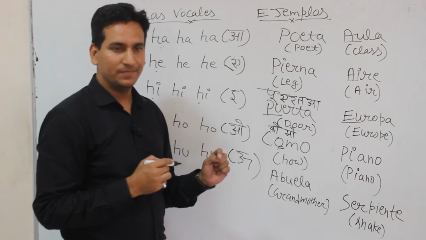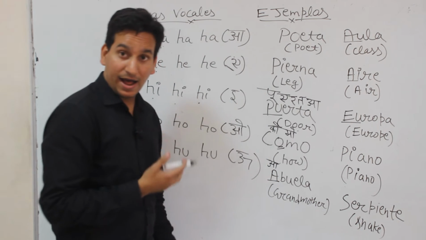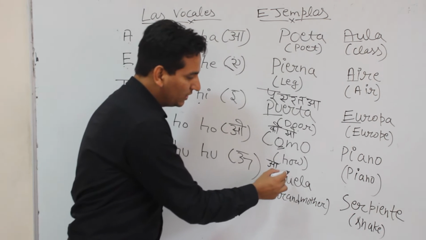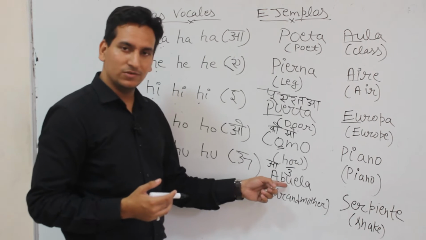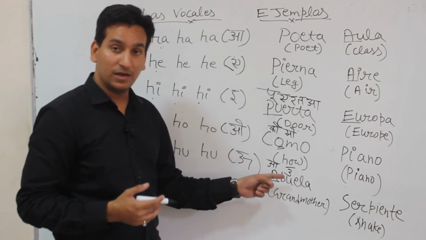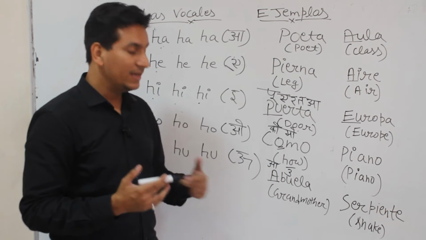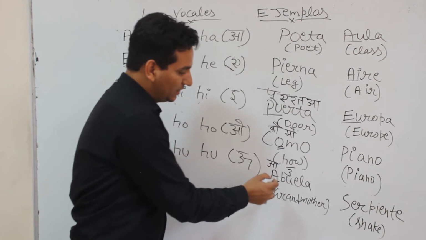Next is Abuela. A is A, U is U. Let us translate first the vowels in this specific word, then we will pronounce that specific word all together.